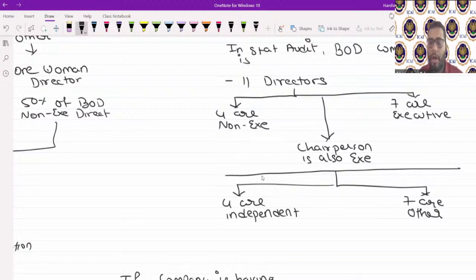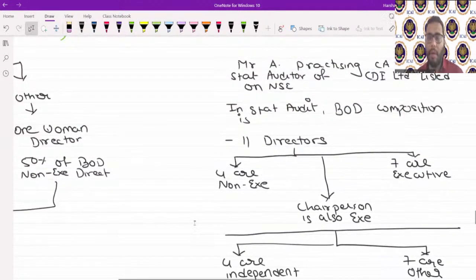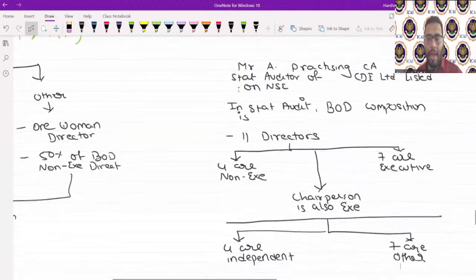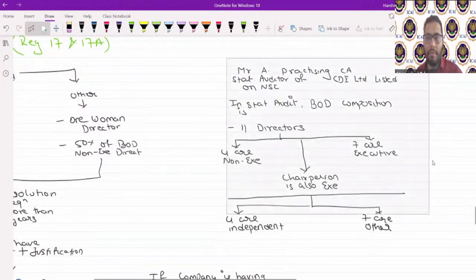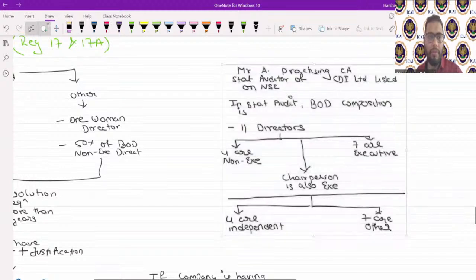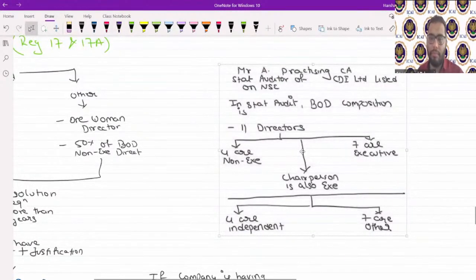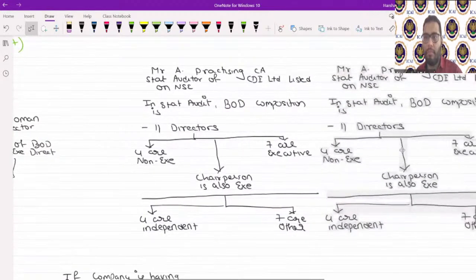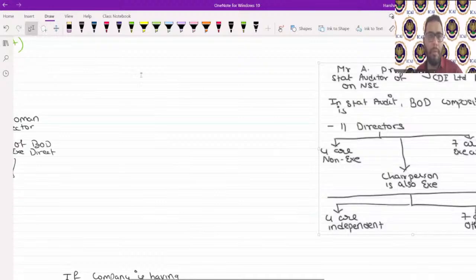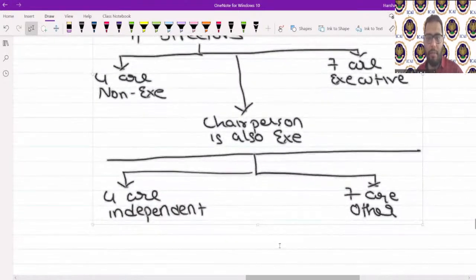Chairperson is also executive director, means he's not independent. Now you tell, now Mr. A identified these things. Just a minute. Mr. A identified these things, understood, fine.